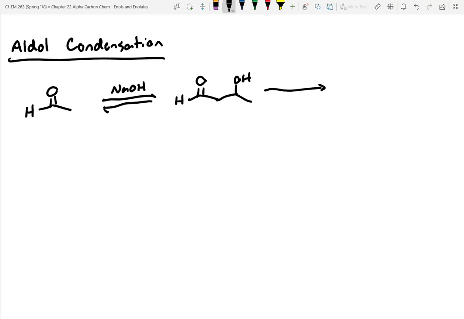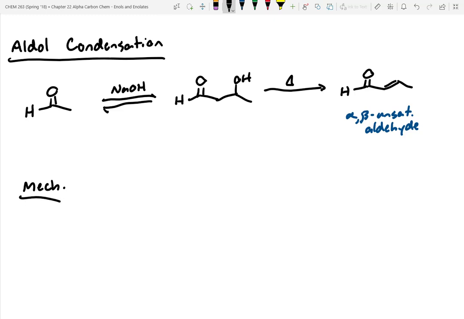The aldol condensation is where you take this and basically heat it up, and you make an alpha beta unsaturated aldehyde. And so what we'll do is take a look at the full mechanism for this. And then we'll try to understand why heat favors this.